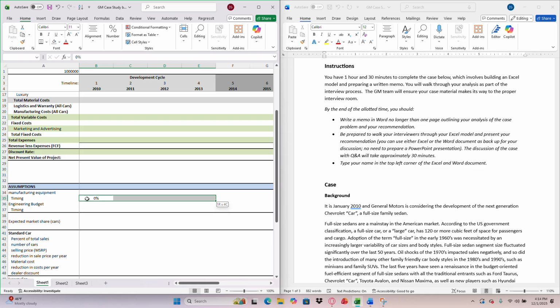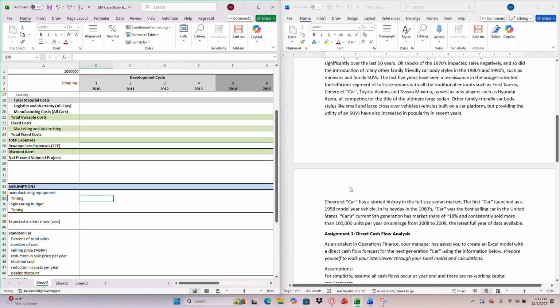When I get to where I want to autofill, I will press Control R to autofill to the right, and I will press Control D to autofill down. You'll see me doing that quite a lot as I build this little model here. But enough chit chat. We're going to build this model again.